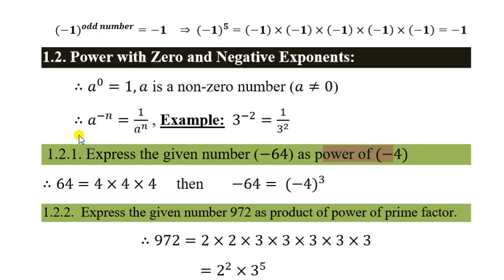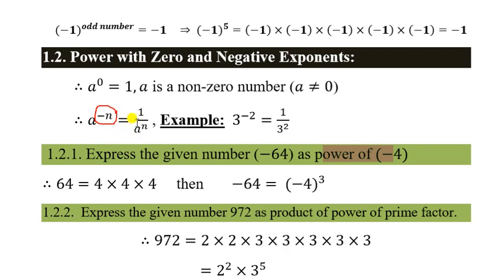Now, when the power is given in negative form, we'll always try to convert our exponent into positive form. And how will we make it positive? When a negative sign is given in the place of the power, you just have to write the reciprocal of that number.